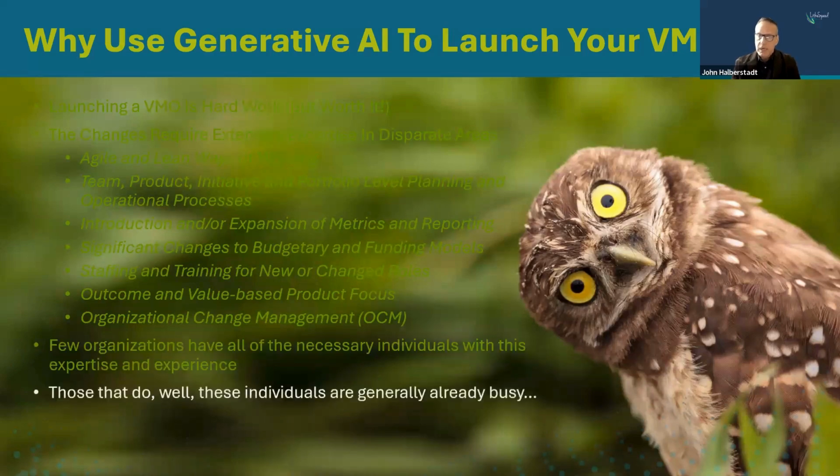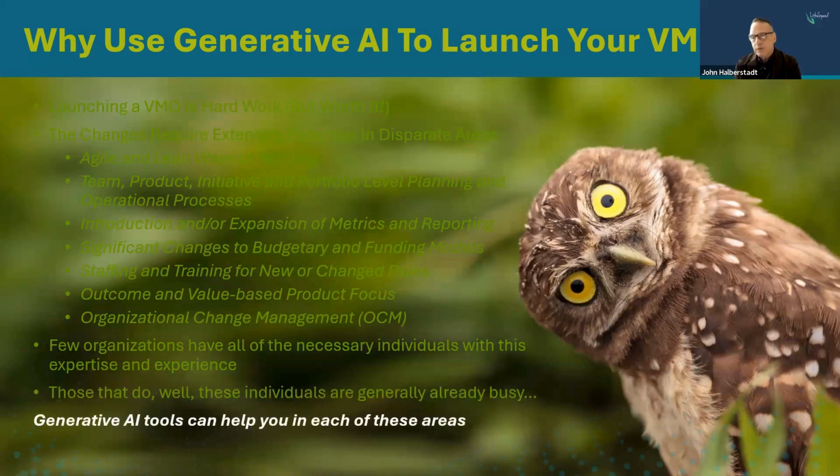But even when they do, those people are already in demand. They have day jobs. If you think about what those areas are, these are some of the biggest, most important things that most organizations do. So even if you have all of these skill sets, it's not like those folks are idle.